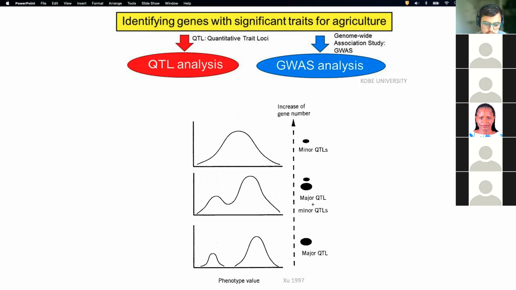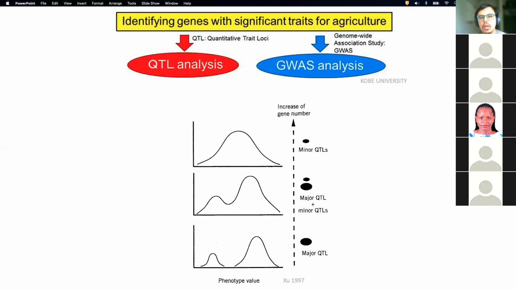Okay, we have a question here. Paul asks, what is the difference between the training and breeding population with relation to the target breeding locations? Okay, Paul, if I understand your question, the training population is the population where you have the phenotype and the genotype.